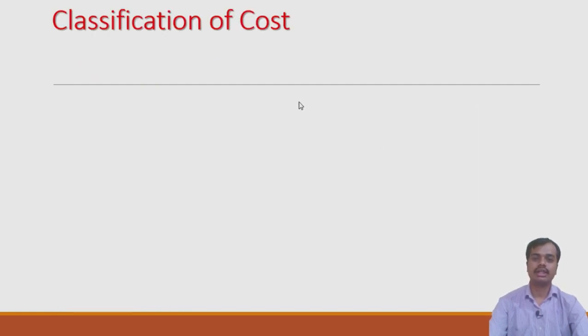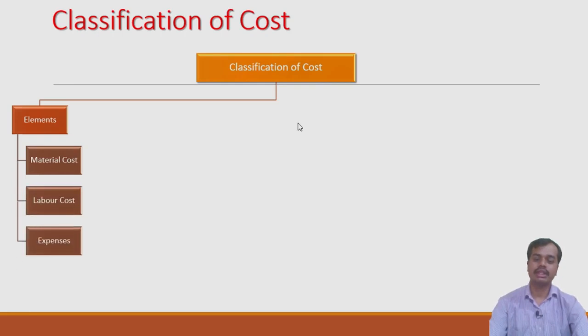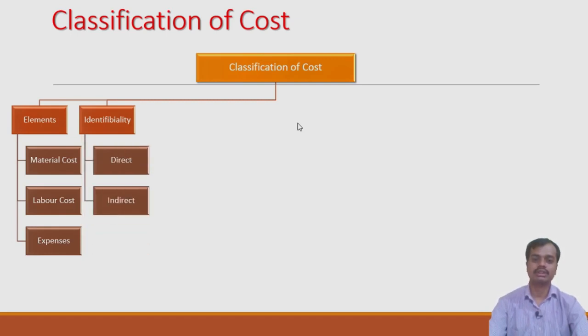Let's see the diagram of classification of cost. Classification of cost is done on various bases. First basis is elements. Under element, cost is classified as material cost, labor cost, and expenses. Next is identifiability. Under this, direct cost, indirect cost.